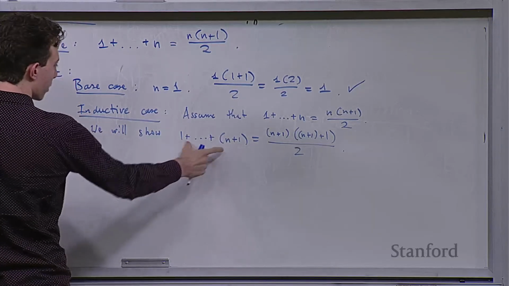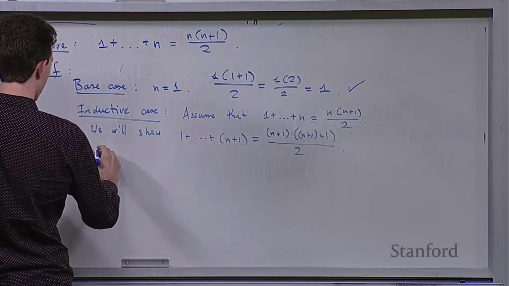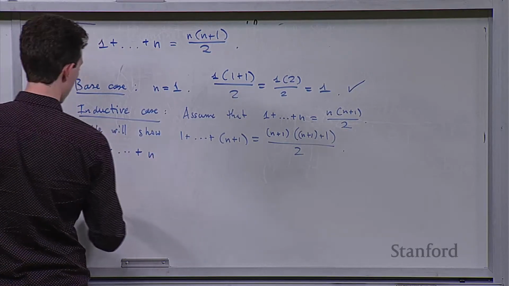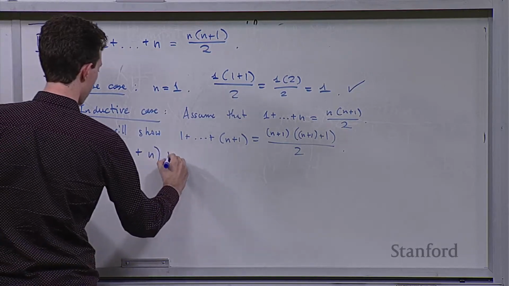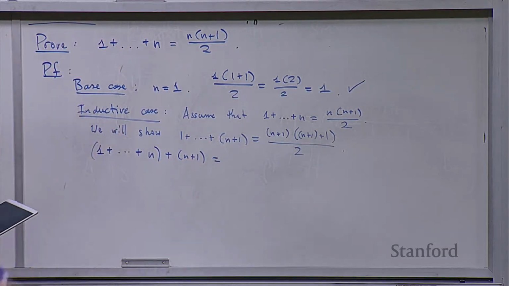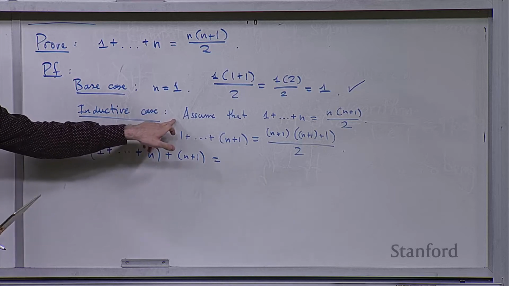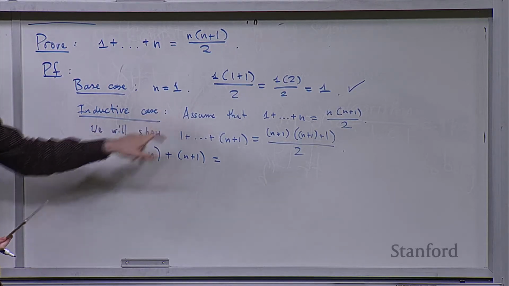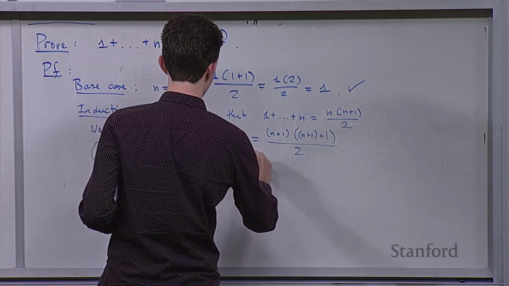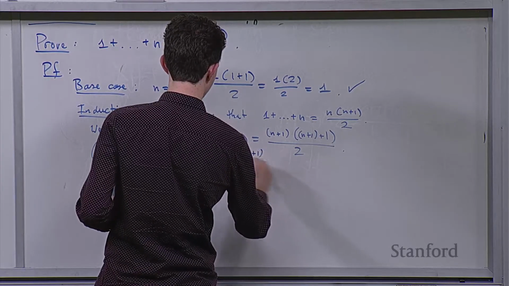Well, let's break apart this 1 plus all the way up to n plus 1 like this. We have 1 all the way up to n, and then we tack on an additional n plus 1. So by our assumption here, called the inductive hypothesis again, this part of the sum is equal to this expression.